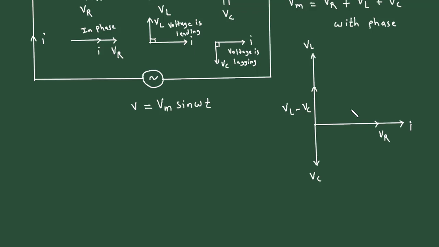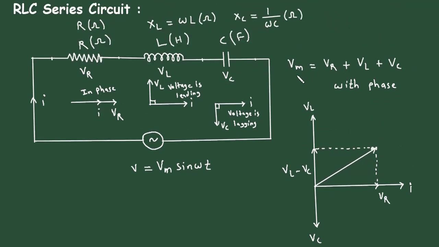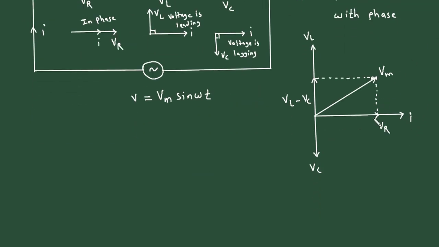Now if we want to draw the resultant of this, there will be a parallel line from here and a parallel line from here, and this will be our resultant. Now here we can see the resultant is Vm. So this is Vm.